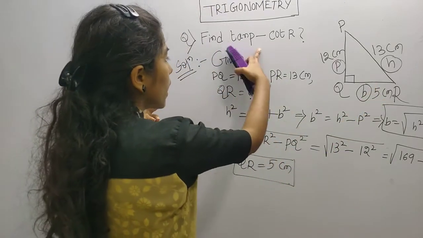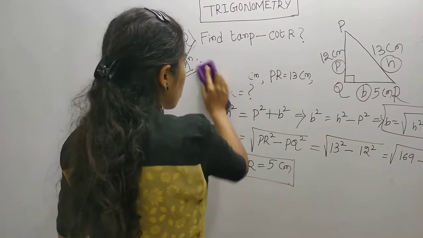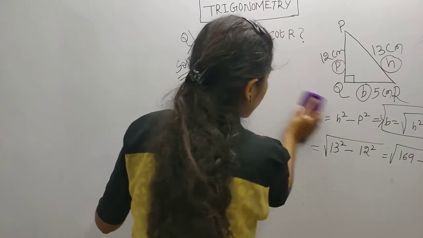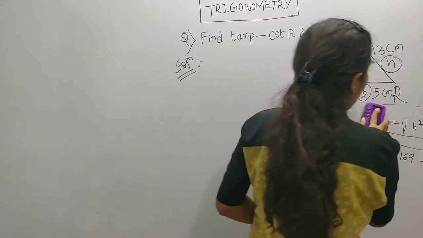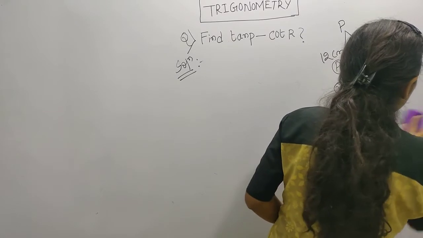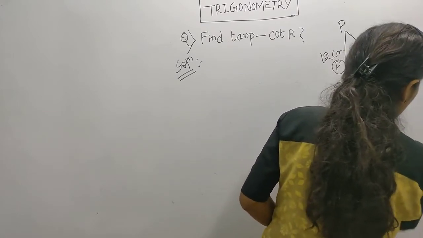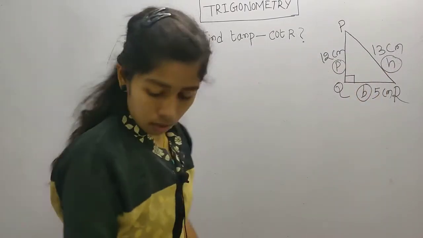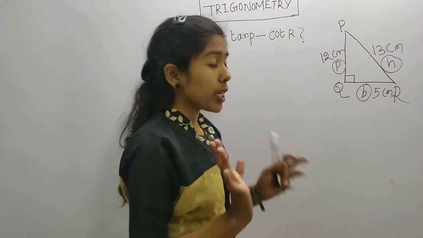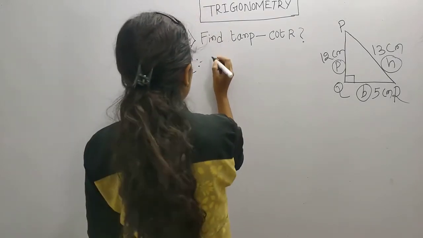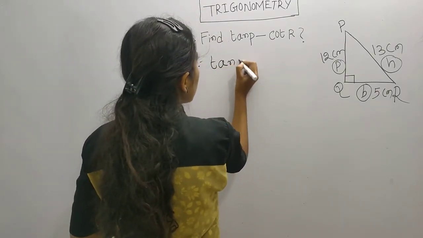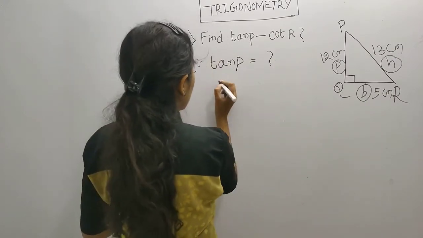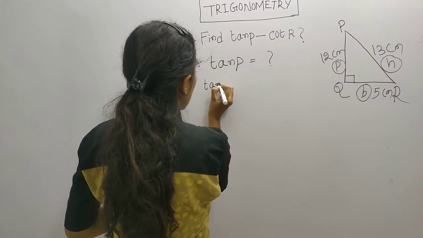Next we will go to tan P. So let's see, students, tan P. What we have to find? Tan P is the question mark.